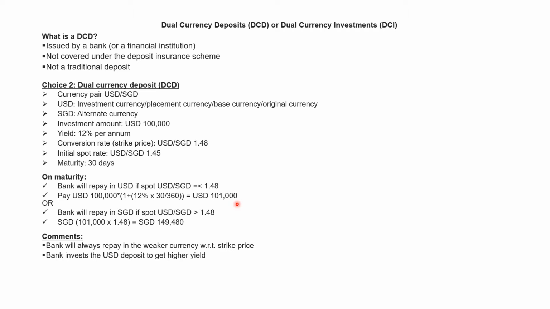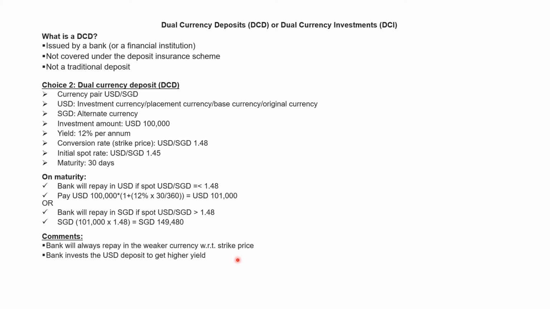In effect, the bank will always pay in the currency that is weaker with respect to the conversion rate of 1.48. If the spot rate on maturity is 1.46, it means that USD is the weaker currency with respect to USD SGD 1.48 and the payment will be made in USD. If the spot rate on maturity is 1.5, it means that the SGD has weakened if one looks at it from the perspective of the conversion rate, and therefore the payment will be made in Singapore dollars.